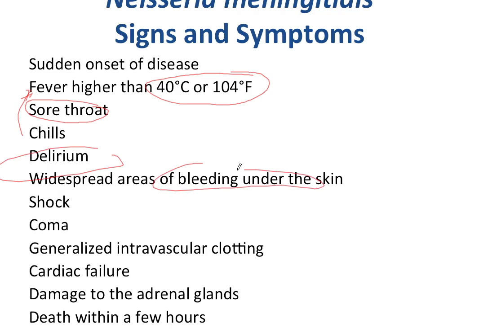Bleeding, or petechiae, and shock, because the vascular system is collapsed and damaged, so the patient has low blood pressure and coma. Then there is intravascular clotting. This is actually called DIC, disseminated intravascular coagulation, okay.